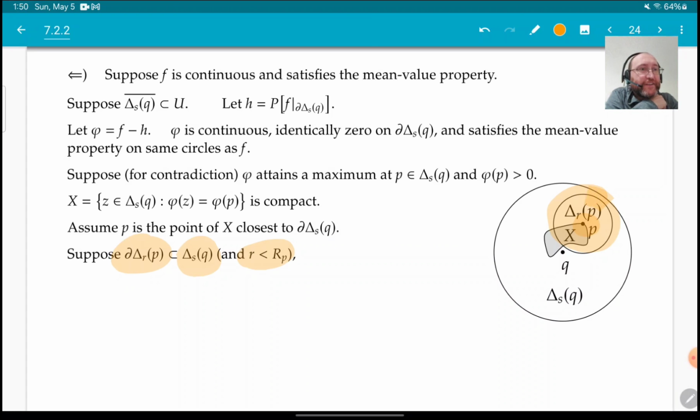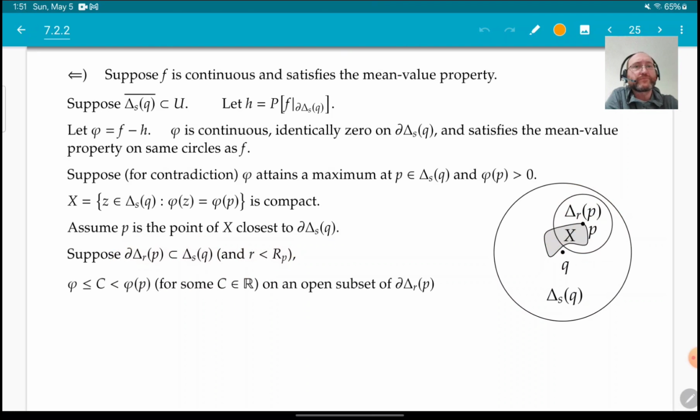So it satisfies it on this circle. Maybe it's a very small circle, right?